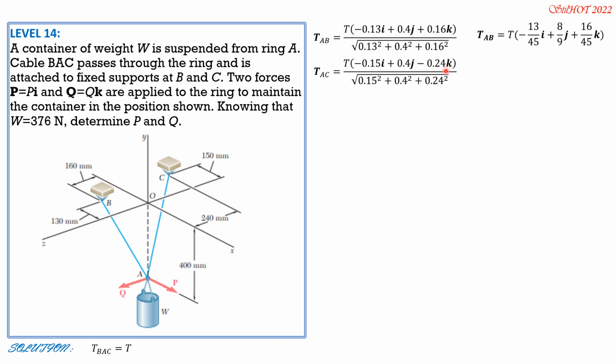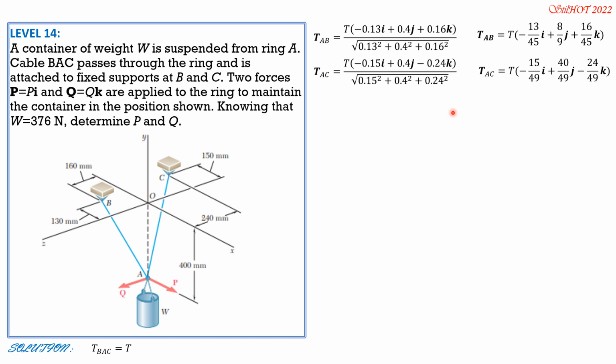So I hope that you find expressing a force in vector form a routine now, because we keep on doing that. Simplifying, tension AC is T, quantity negative 15 over 49 i plus 40 over 49 j minus 24 over 49 k.